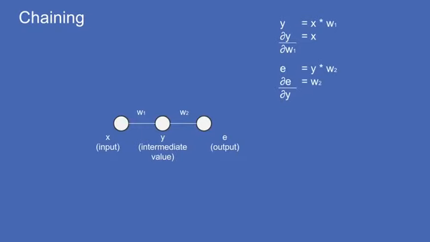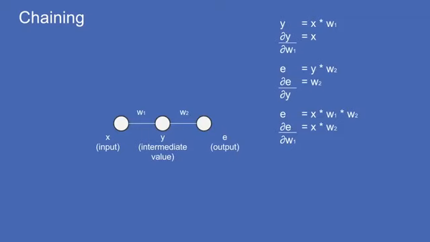Similarly, for the next step, we can see that e is just the value y times the weight w2. And so when we calculate dE/dy, it's just w2. Because this network is so simple, we can calculate from one end to the other. x times w1 times w2 is the error e.